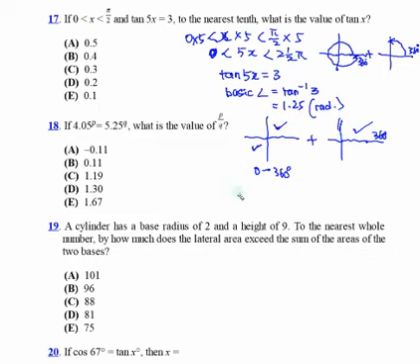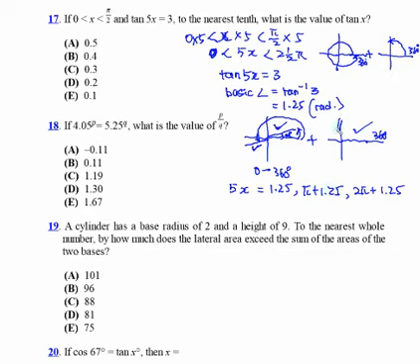So pi x is equal to 1.25, the first basic angle, plus, this is 180 plus the basic angle, which is pi plus 1.25. Then this one is 360, which is 2 pi, plus this basic angle again, 1.25. Basically the first basic angle is from here to here. The second basic angle is from here all the way to here, that's why it is 180 plus this basic angle, pi plus 1.25.